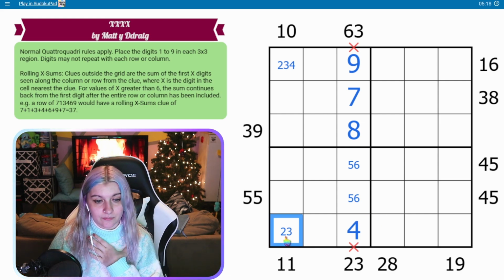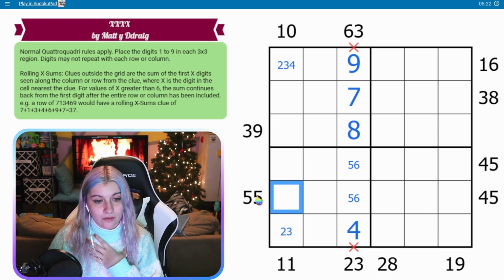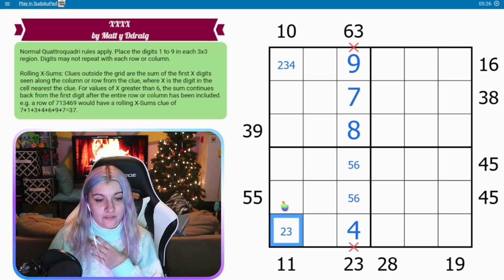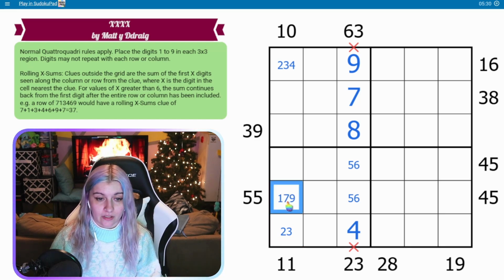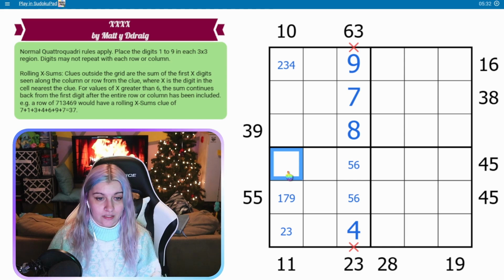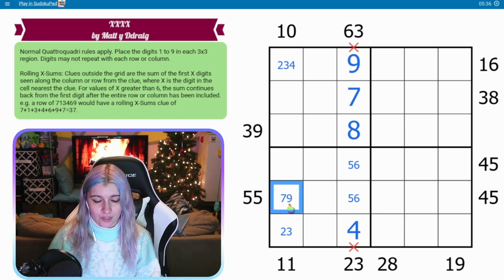10 and 11. 2, 9. Maybe I want to think about 55 here. If this is a 2, this would be a 9. If this is a 3, this would be a 1 or a 7. And then this would be a 1 or a 7. I definitely don't want this to be a 1. What about a 7?